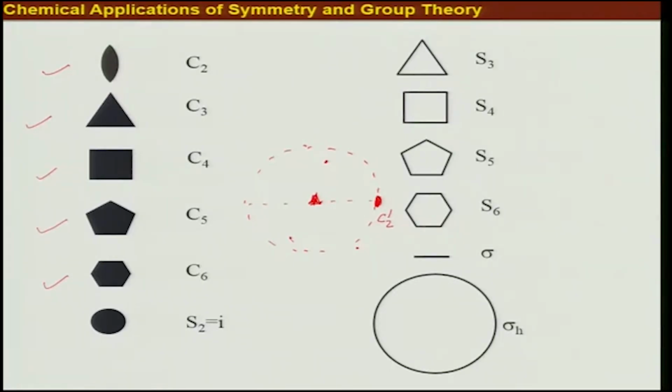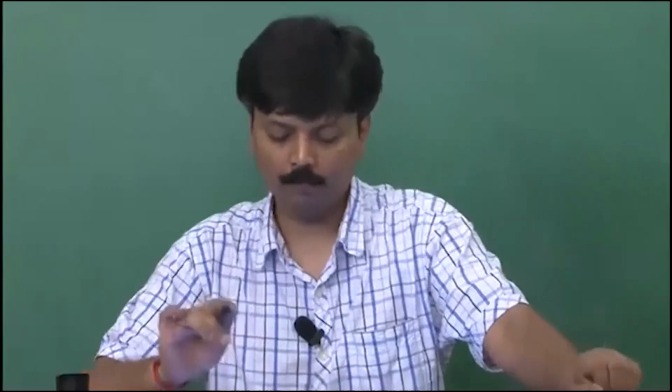Now, whenever I draw any line, particularly a dashed line, that means nothing. It has no physical significance here. Whenever we see a solid line, that means something. These dashed lines are just for guidance, that is all.